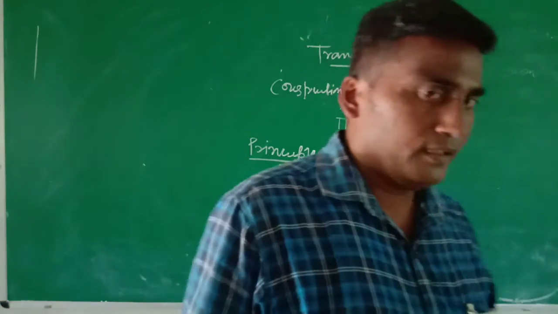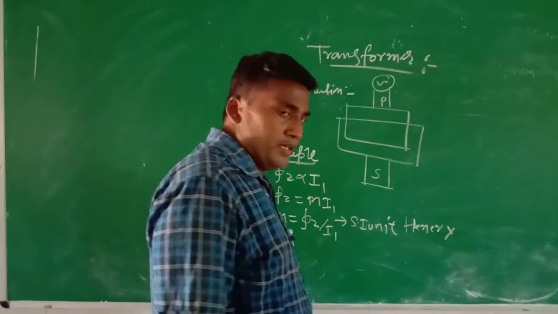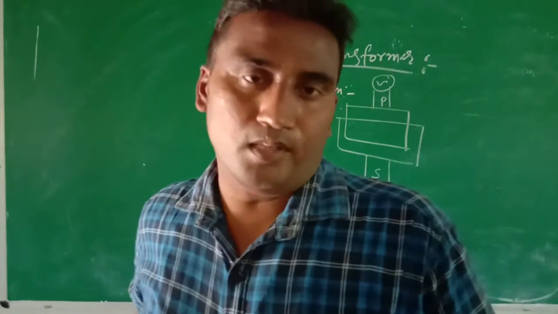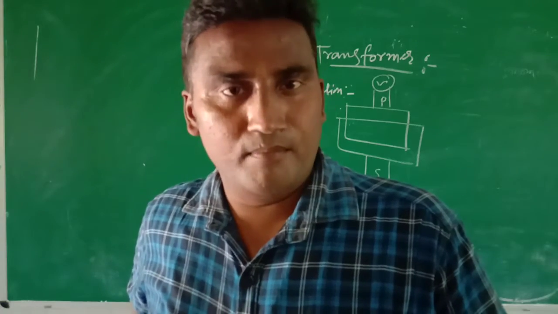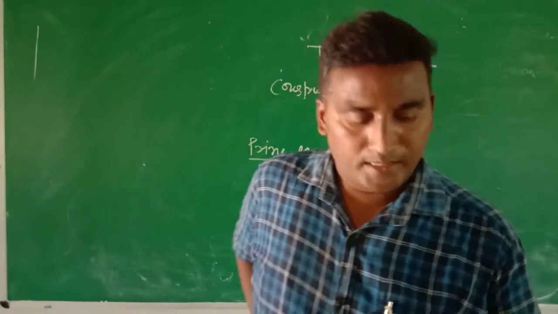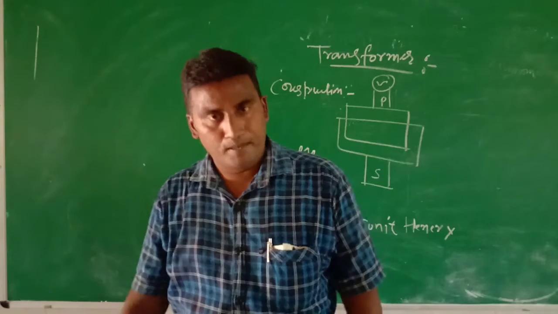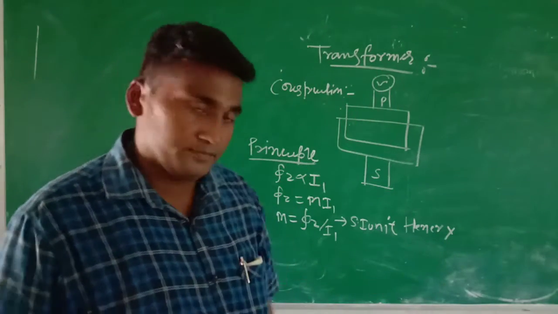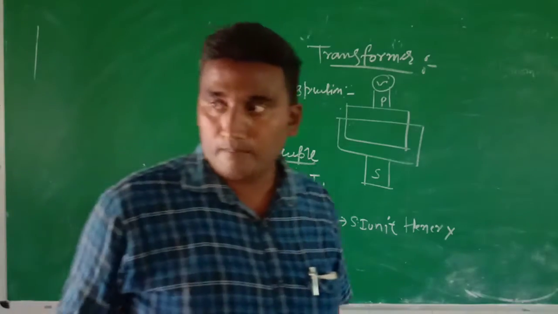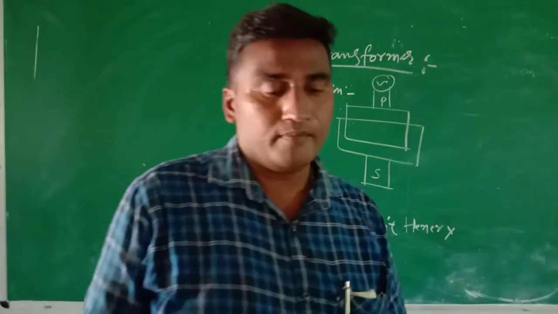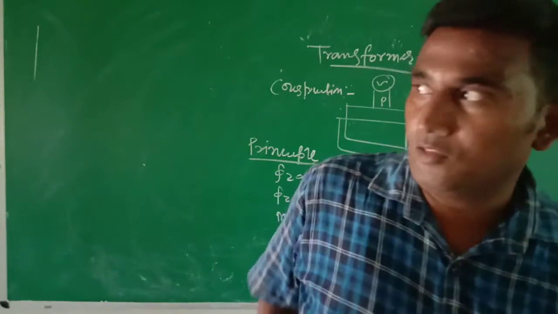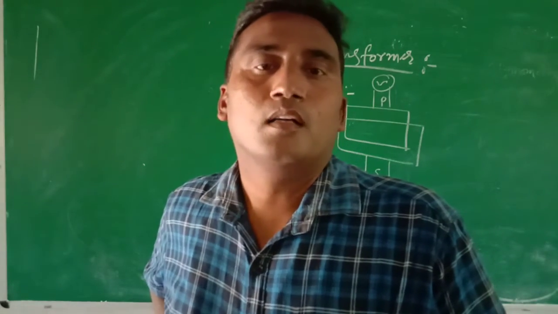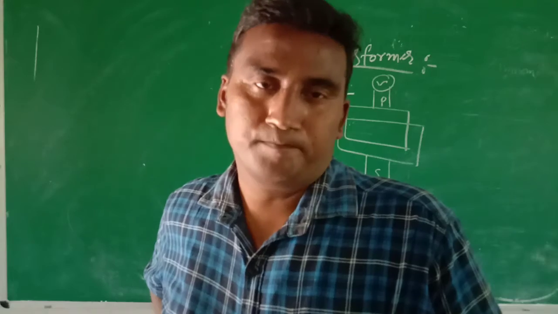If the primary number of turns is greater than the secondary, then the transformer is step down. If the primary number of turns is less than the secondary, then the transformer is step up.